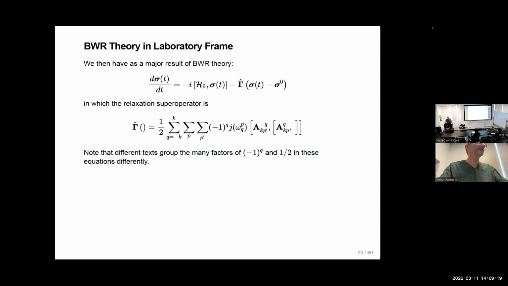So why don't they mix? Okay. The doublet components have the same chemical shift. What's different about them? The J coupling. The J coupling resolves.